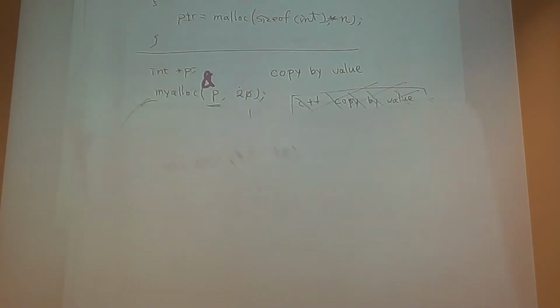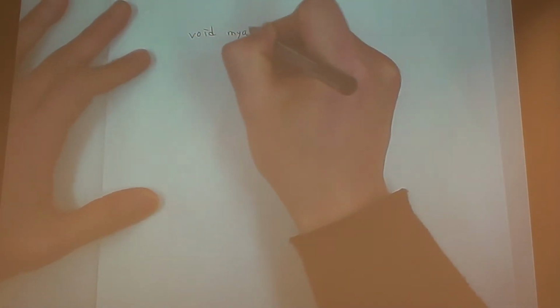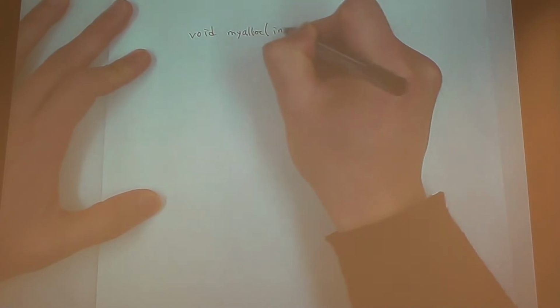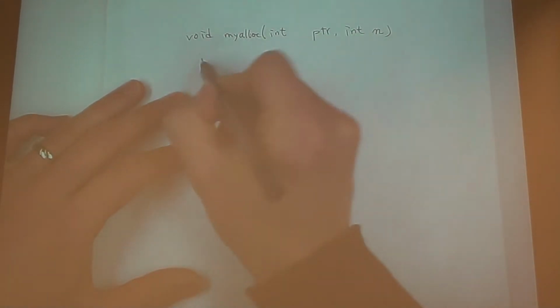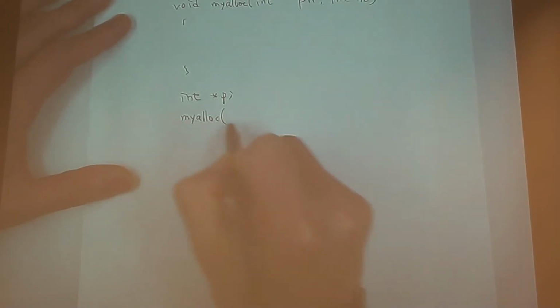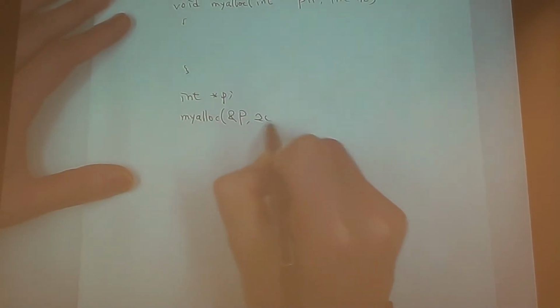Okay, so let's see how this works. Let me get another piece of paper. So I will still say void. I know it has something to do with integer because I want integers. Something inside. And then I will say int star p, and I will call my alloc &p, 20.